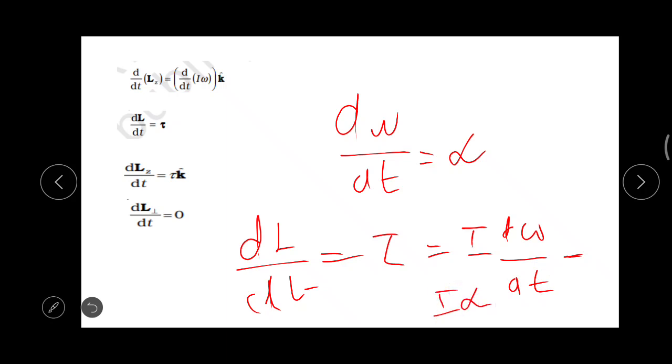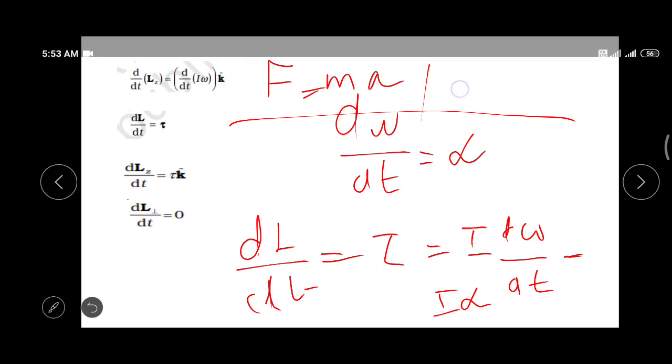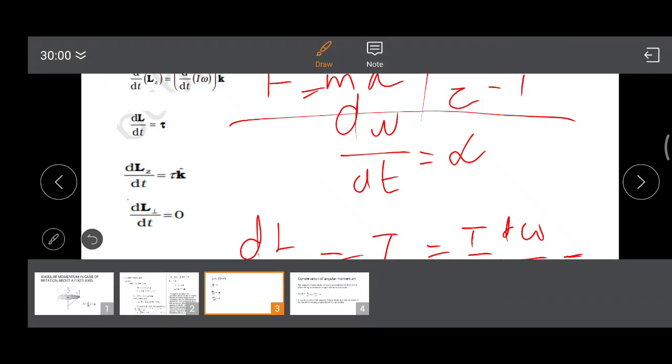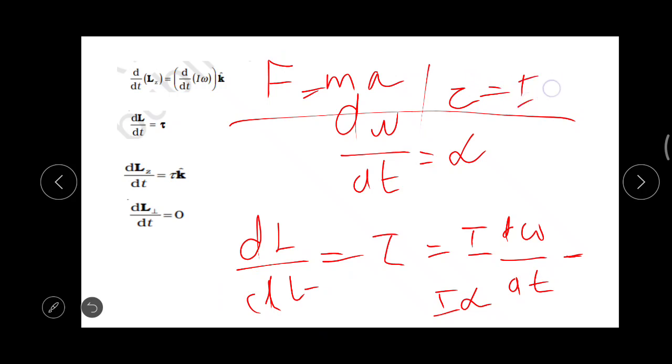So you can compare F is equal to ma with tau is equal to I alpha.